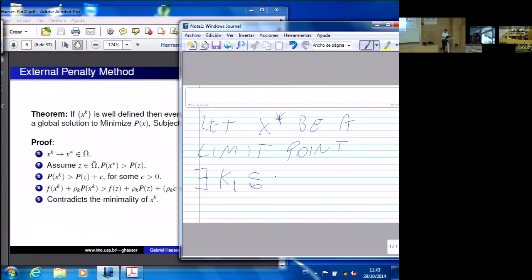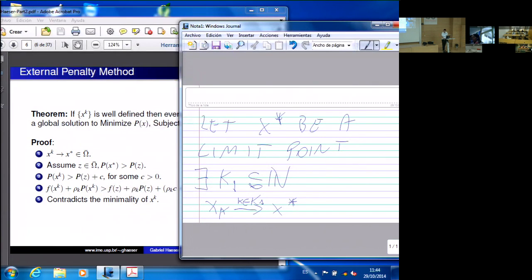It's an infinite subset of natural numbers, such that if you write this sequence xk with indexes in this subset, K1, this is a convergent sequence. Okay? You have a convergent subsequence if you can choose some indexes of this sequence such that if you choose these particular indexes, you have a convergent sequence.